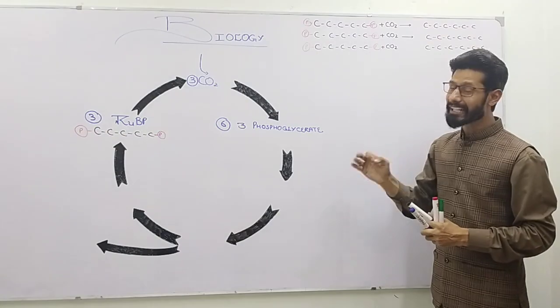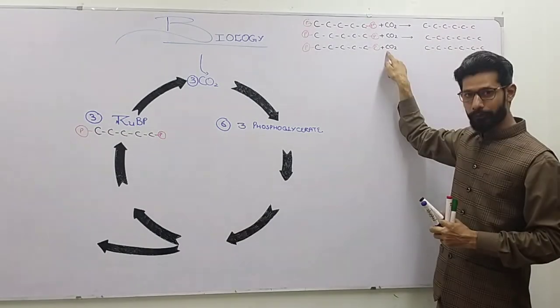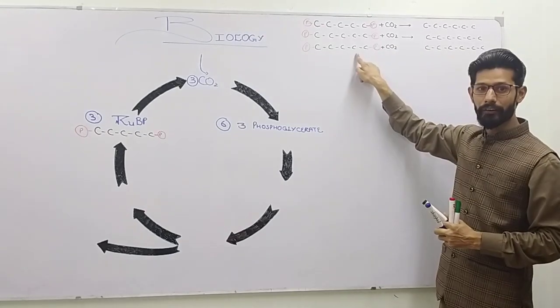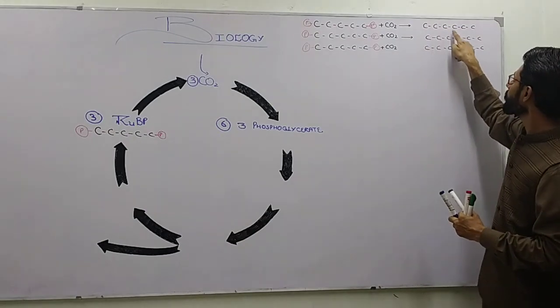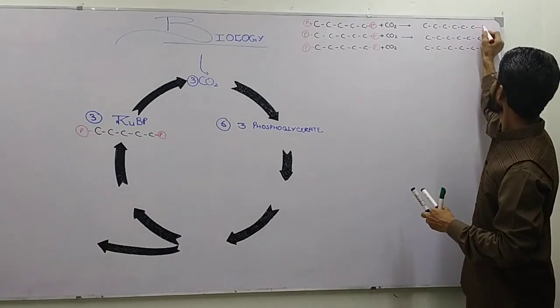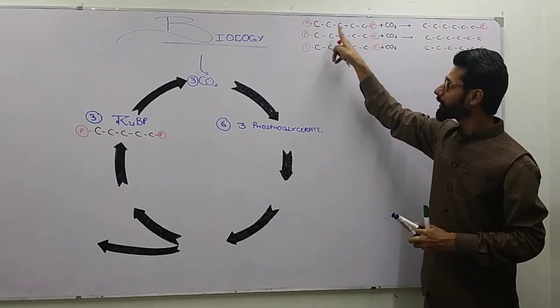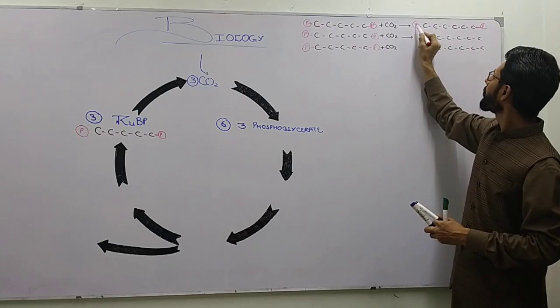So it's just a simple addition. When 1 carbon dioxide from the outside adds to the ribulose bisphosphate, the 5-carbon compound converts into a 6-carbon compound. And the phosphorus groups present on the terminals remain the same.